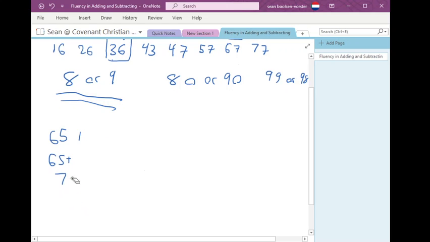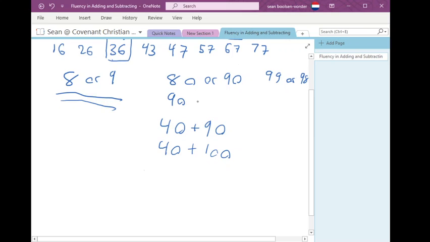Now the same thing, obviously, applies with 80 or 90. So if I have, let's say, 40 plus 90, this is pretty similar to 40 plus 100. That's because 90 is 10 less than 100, right?